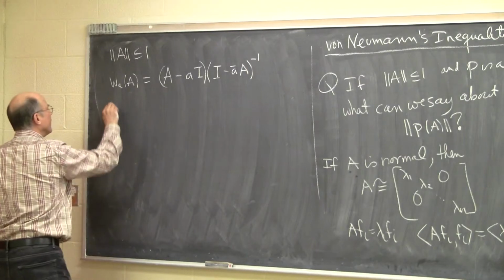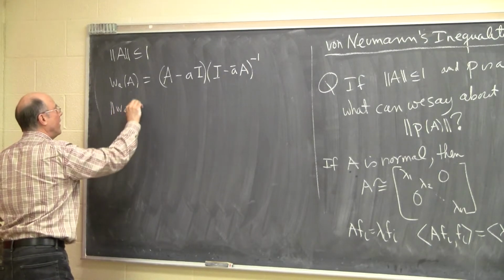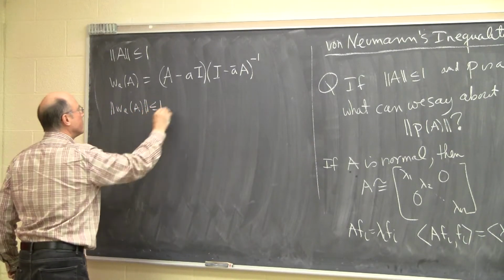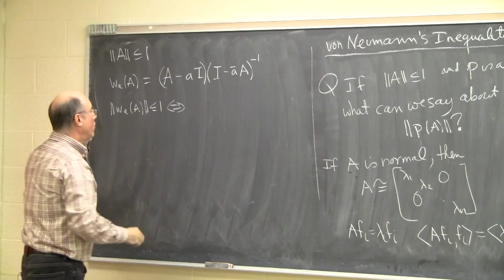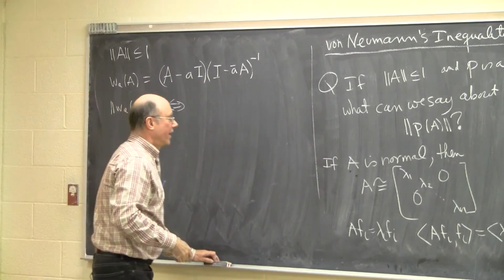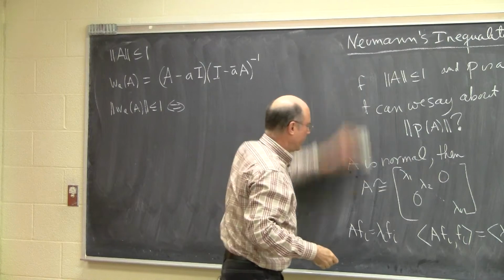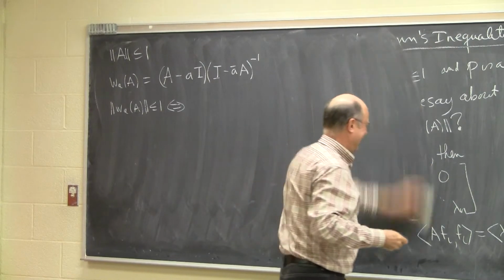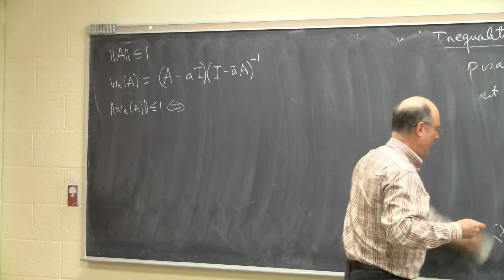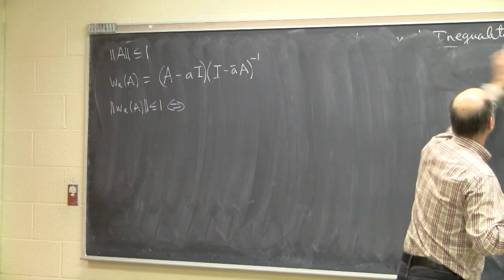Okay, so W_a of A has norm less than or equal to 1 if and only if, I can use this property, W_a of A star W_a of A is less than or equal to the identity.